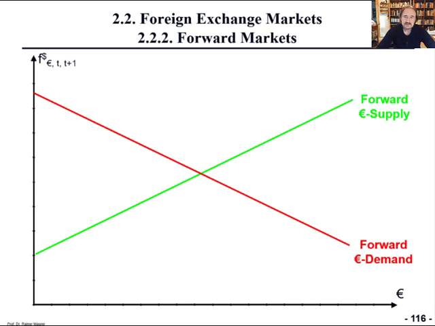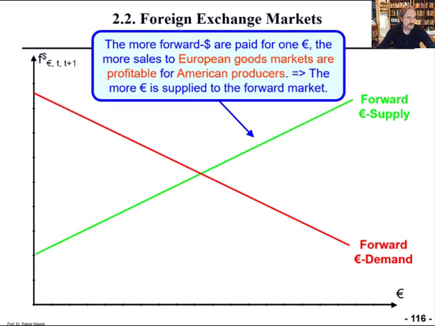Now let's consider the slope and the position of supply and demand curves on the forward market for foreign exchange. Let's first consider the slope of the forward supply curve.